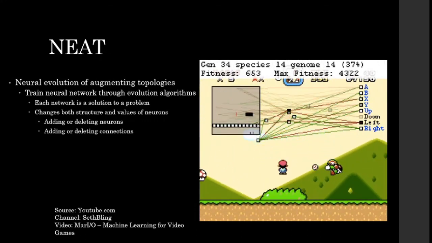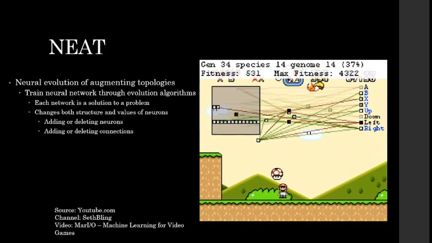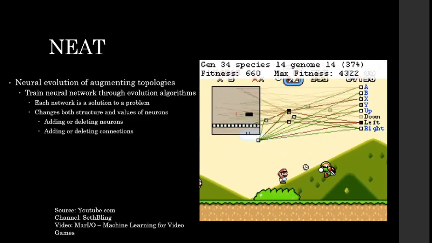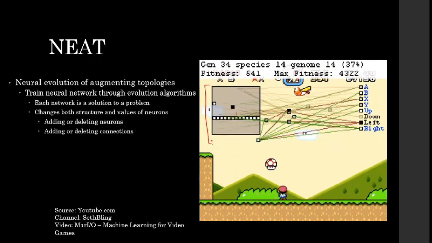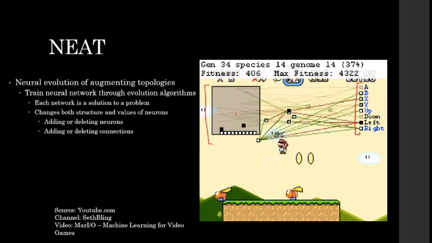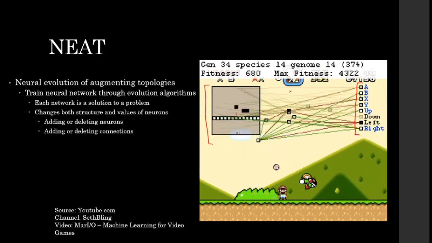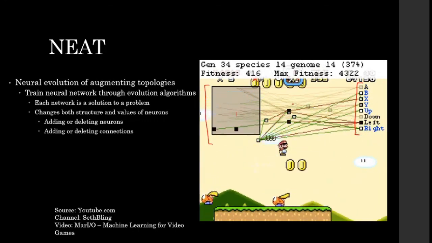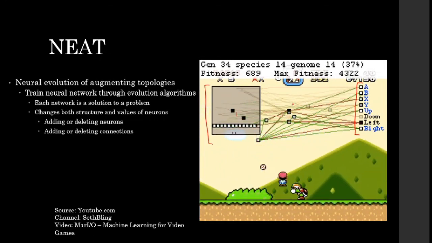You can add or delete neurons, or add and delete connections. On the right here, this neural network just started as the input over here, which is data about the environment, and then these neurons that correspond to button presses, and then the rest of these connections and neurons were all placed through this evolution.